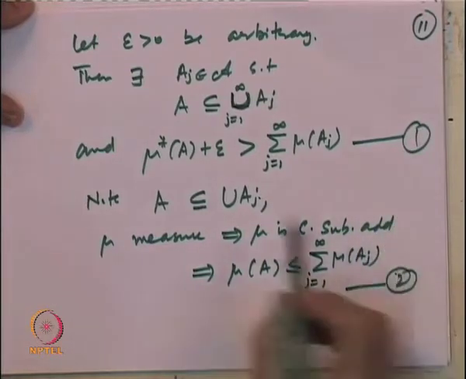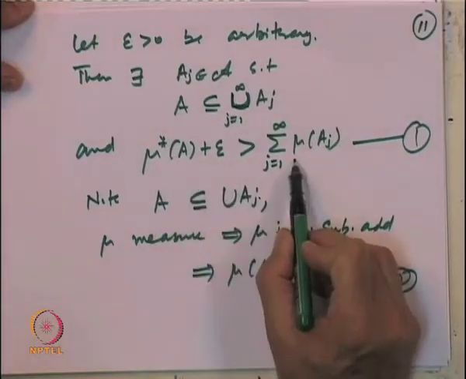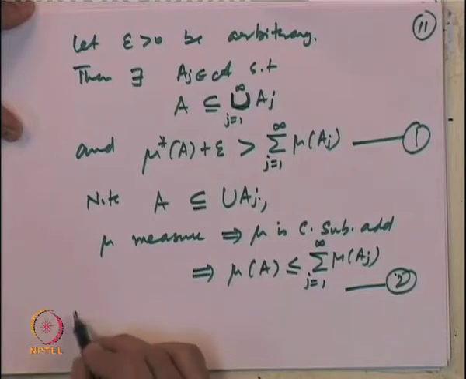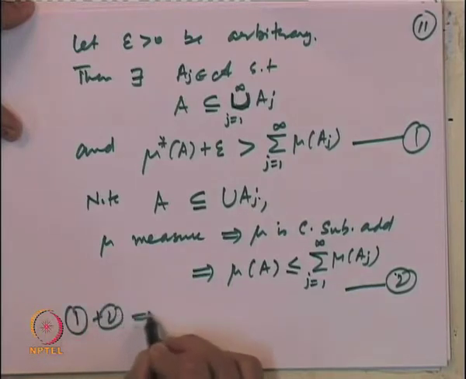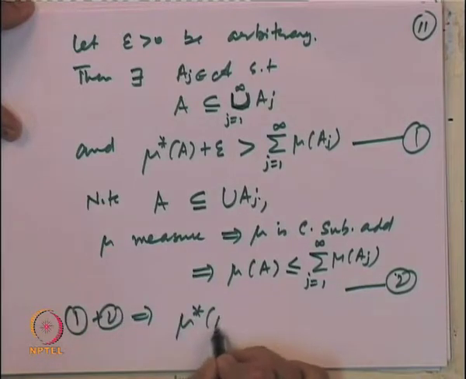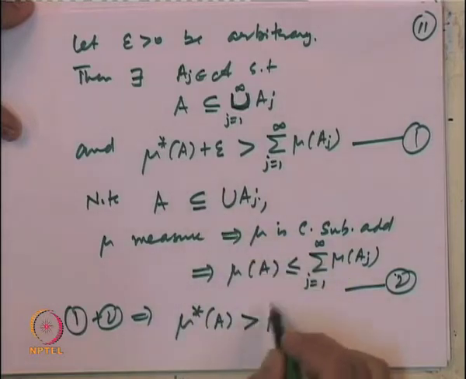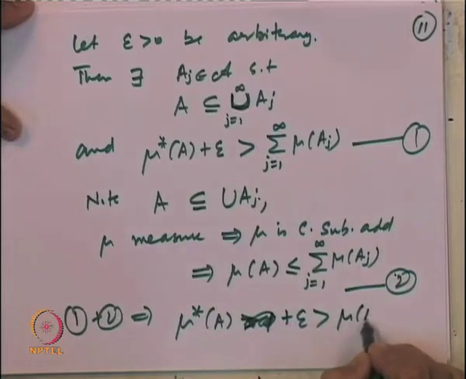So, what do 1 and 2 imply? Mu star of A plus epsilon is bigger than this sum, and that sum is bigger than mu of A. So, 1 and 2 imply that mu star of A plus epsilon is bigger than mu of A, and epsilon is arbitrary.